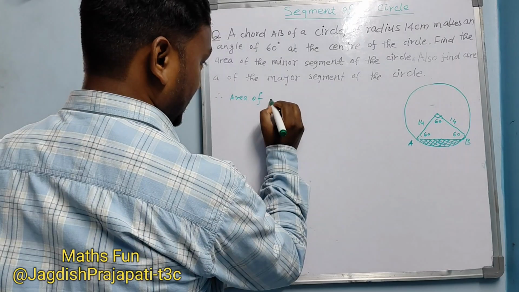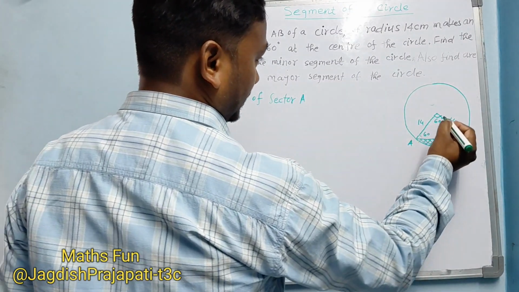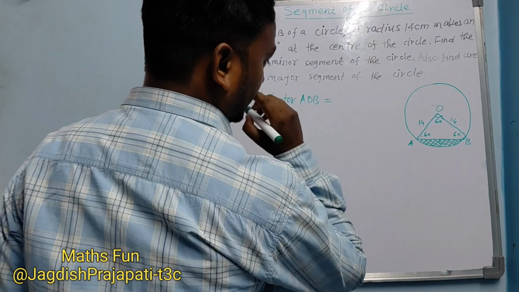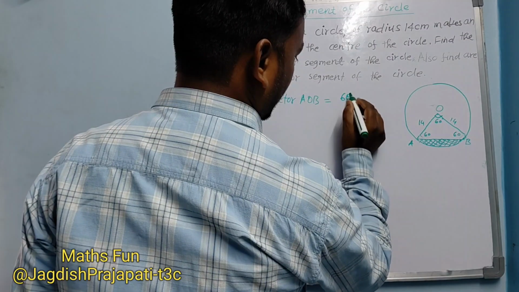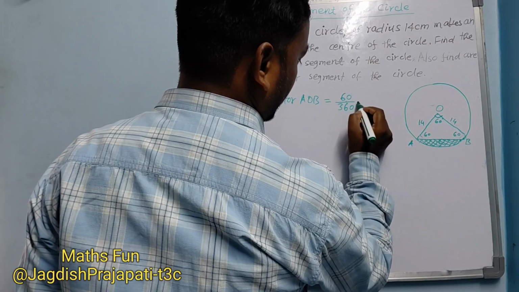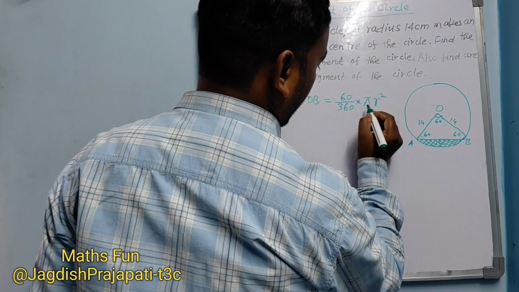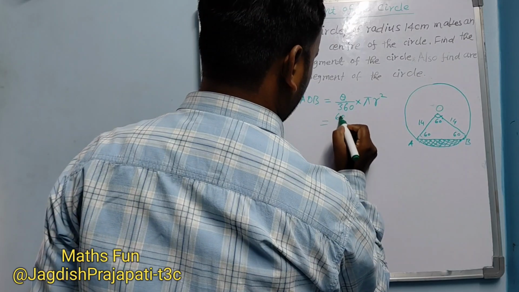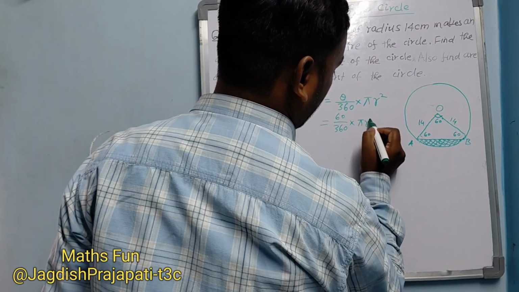Area of sector, let's say this is O, AOB, this will be theta by 360. So here theta is 60, so 60 by 360 into pi r square.